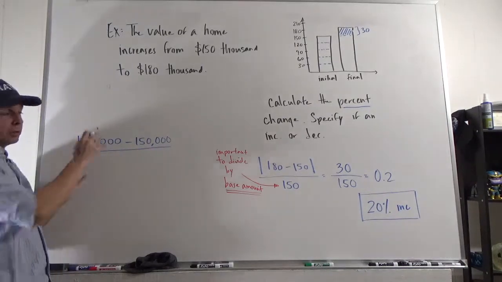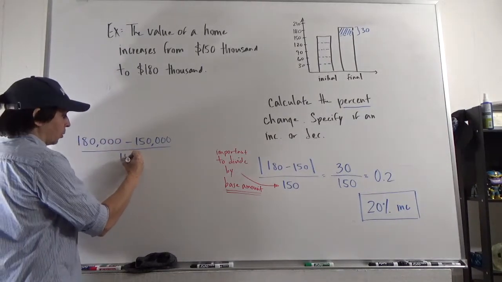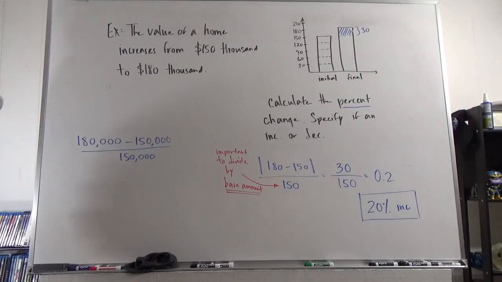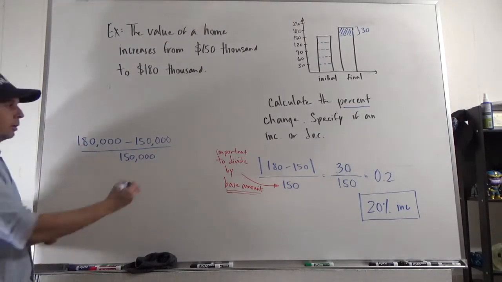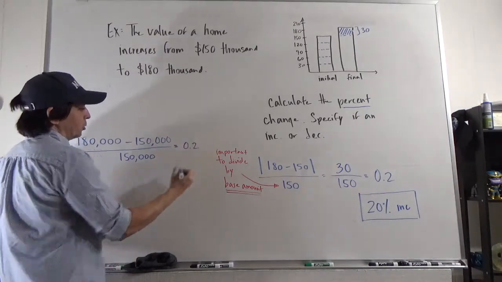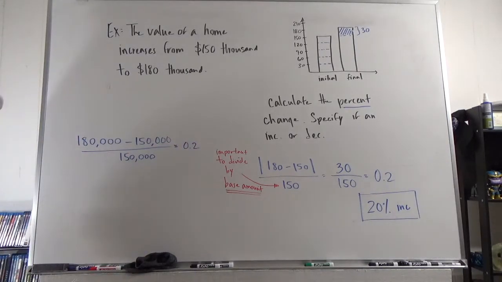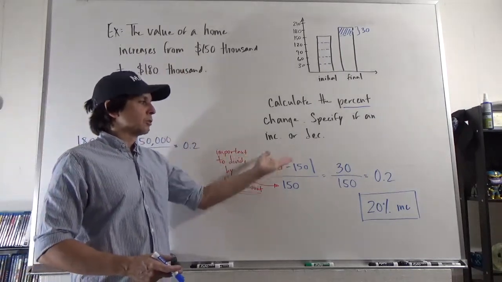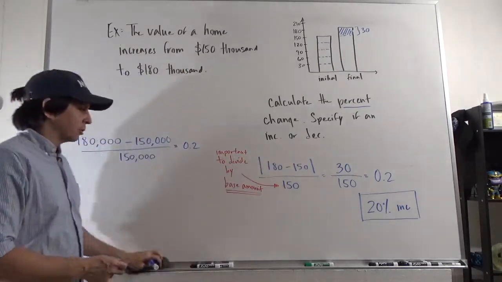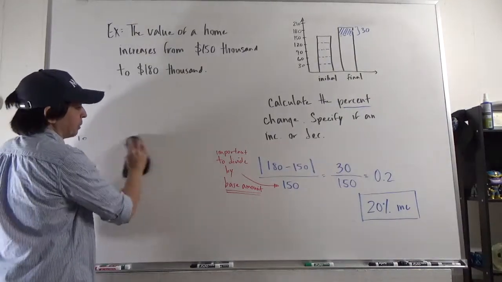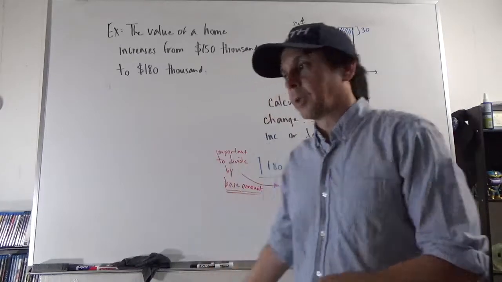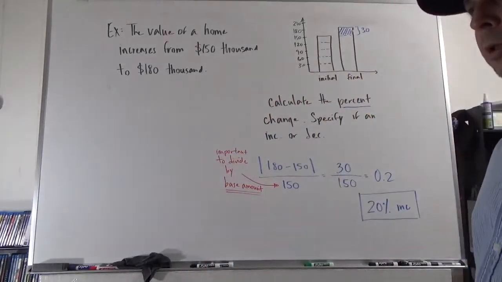As long as you're consistent using the standard form, 150,000, you can't use 150 there, if you're writing the full number out, you gotta do it for all of them, you'll still get 0.2. As long as you're consistent. So it doesn't matter whether you use a standard form or you just chop things off and treat it as numbers of thousands. If you're worried about that, it doesn't matter because it's all relative to whatever you're doing. Okay, I'm going to pause here, but we'll do some other problems.